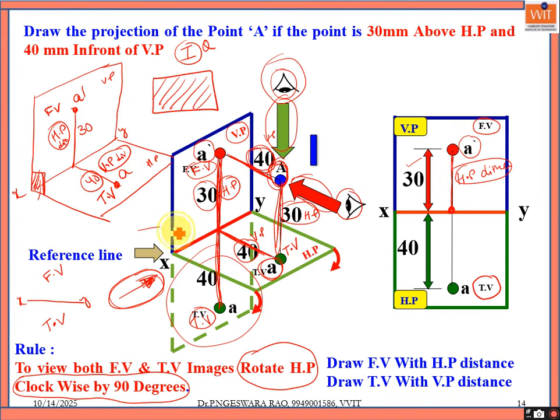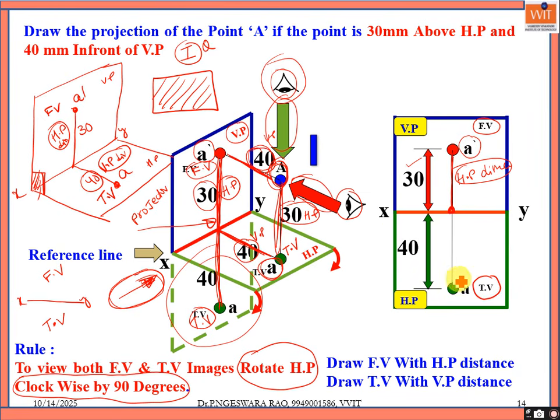This line is what we call the projector. That means always, irrespective of the quadrant, the front view image as well as the top view image always lie on a single line. That line we call the projector line.